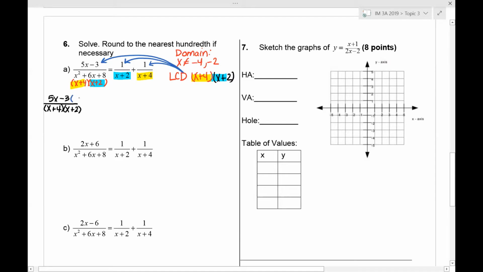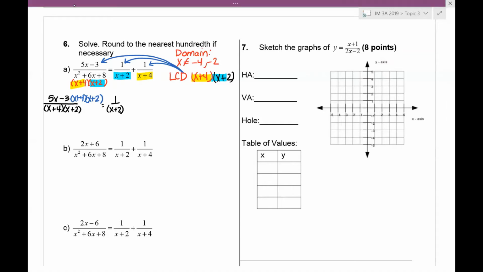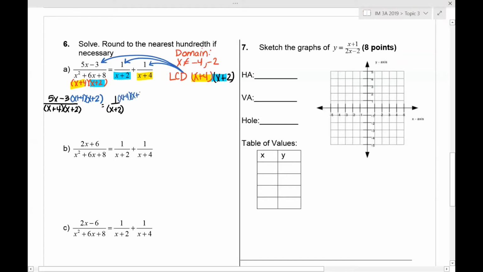So I have x plus 4 times x plus 2 here equals my next fraction, which is 1 over x plus 2 times x plus 4 times x plus 2, plus 1 over x plus 4 times my common denominator of x plus 4 times x plus 2.